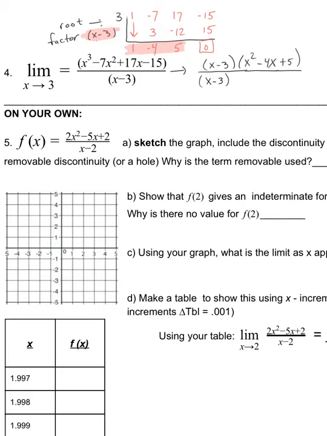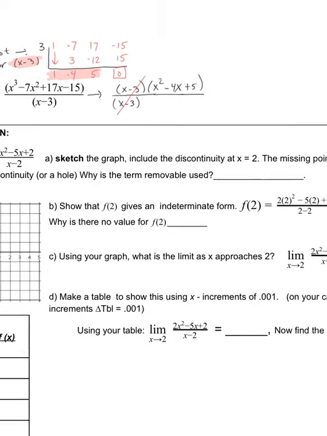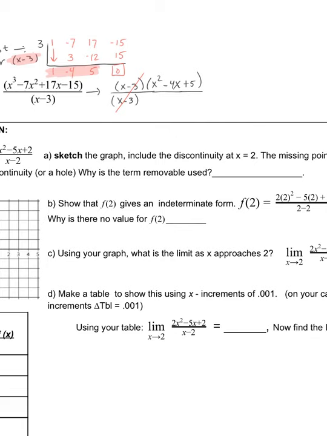All right, now this is nice because now these are going to cancel. So now I have the limit as x approaches 3 of what's left. This is what's left, x squared minus 4x plus 5. Now I can do direct substitution.